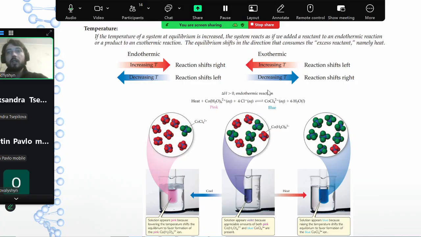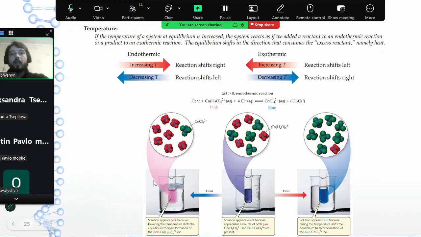The reaction is endothermic, that you know by the delta H. So for an endothermic reaction, if you add more heat, it tends to go to the right. So in the hot water, you will get more, let's say, bluish tint, because you get more of the cobalt chloride that is blue.